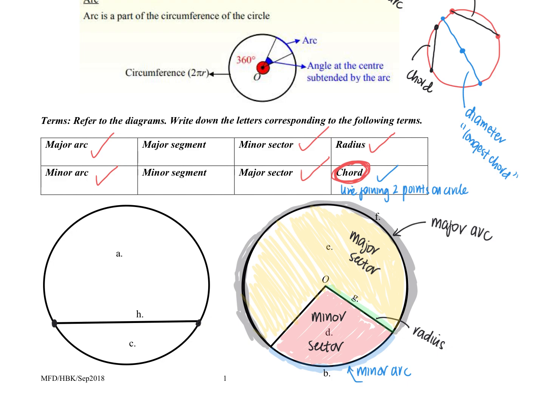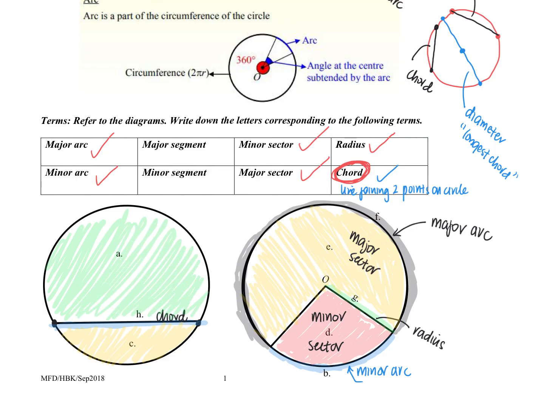So get all these terms right. What is this line? A chord. A line joining any 2 points on the circle is called a chord. A chord actually divides the circle into 2 segments. The smaller one and the bigger one. So now you should be able to guess which is the minor segment, which is the major segment.